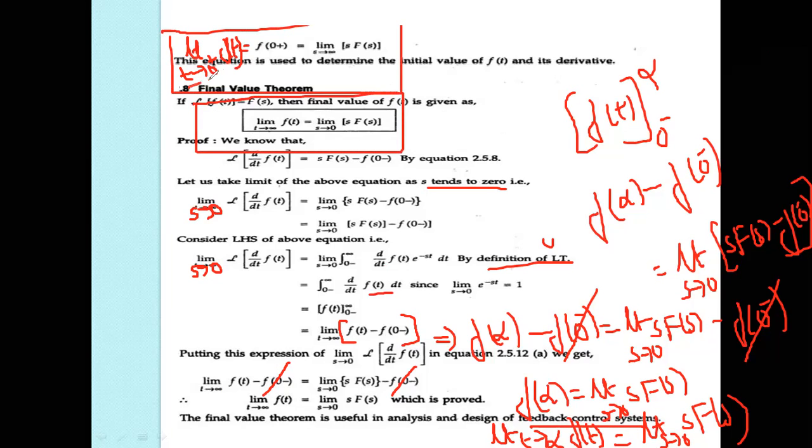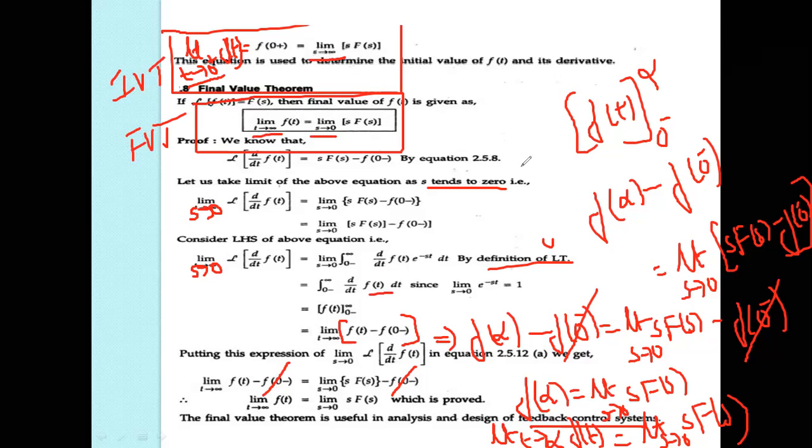The initial value theorem has, in the time domain, the limit t tends to 0 plus, and in the frequency domain s tends to infinity. The final value theorem has the time domain at infinity and the frequency domain at 0. The remaining parts are the same, f of t and s into F of s.